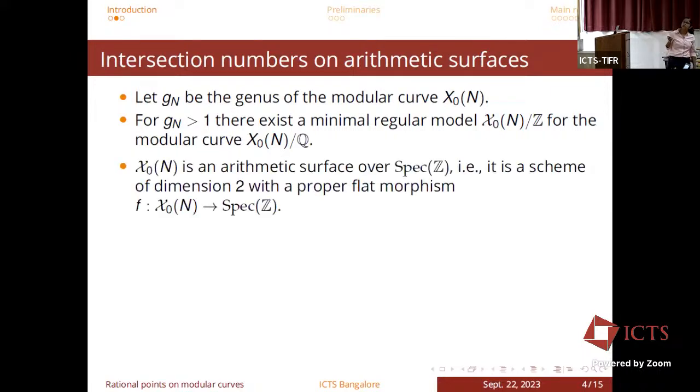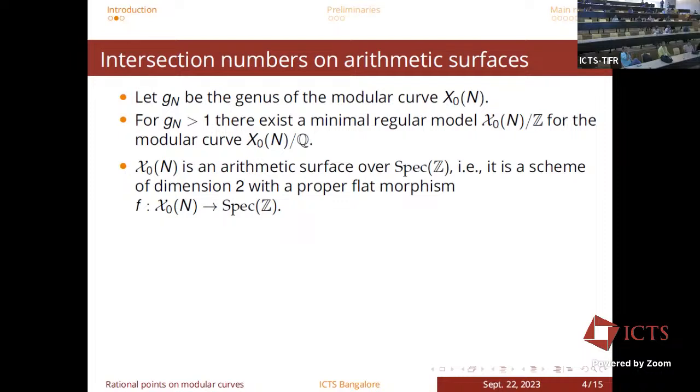In other words, chi naught n is an arithmetic surface over Spec Z. That is, it's a scheme of dimension 2 with a proper flat morphism f from chi naught n to Spec Z. One can draw the following picture. So this is chi naught n, and this is my Spec Z.